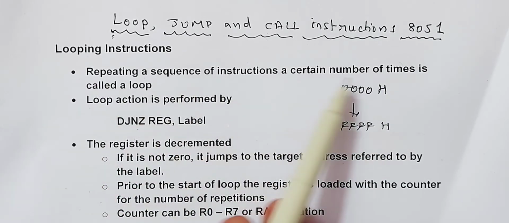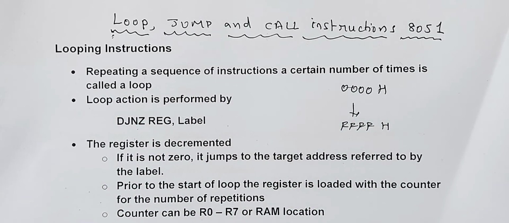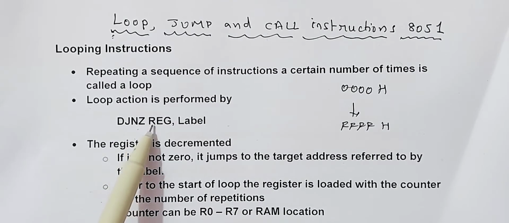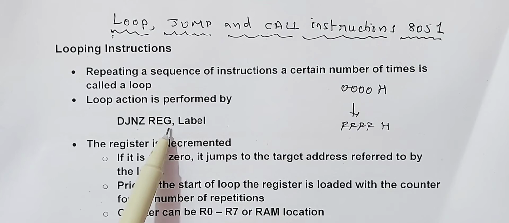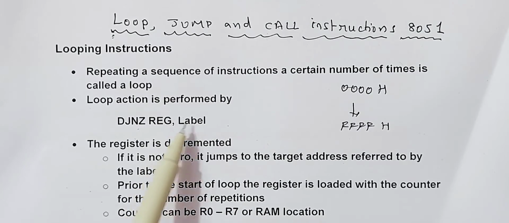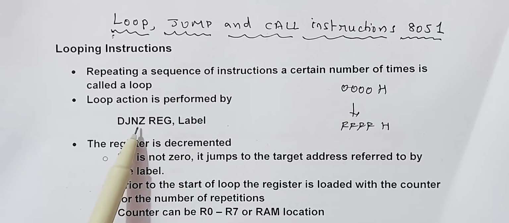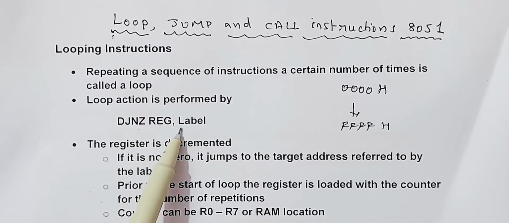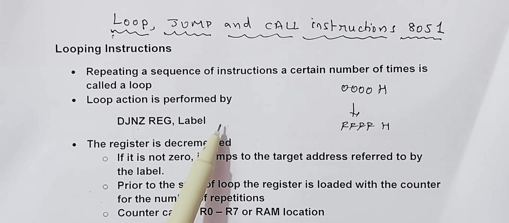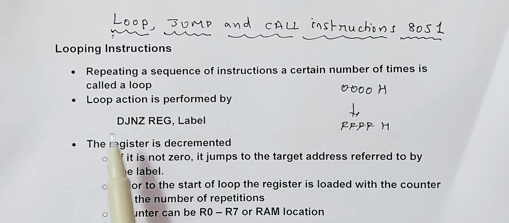This looping is generally performed by the instruction DJNZ destination, source. This is the instruction used for performing the looping action in 8051.